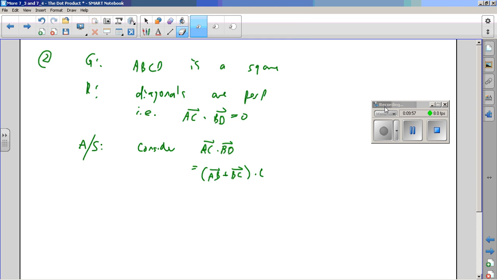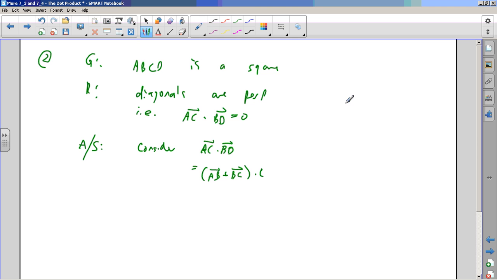Let me get rid of that and draw a little picture here so I'm not goofed up. A, B, C, D. And here's my square. BD, that vector there is BA plus AD.